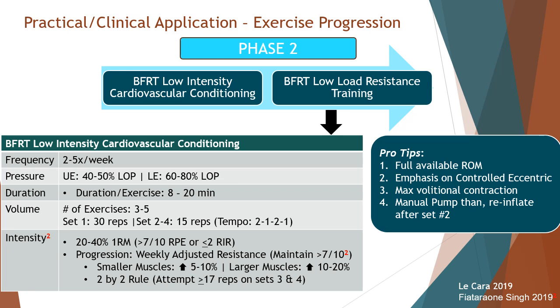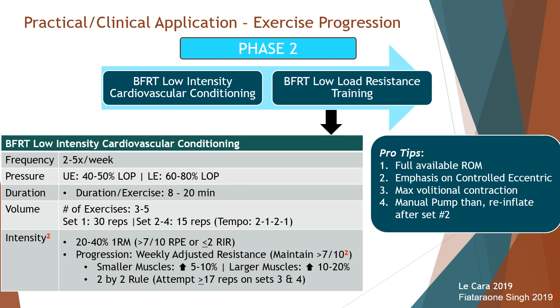But you can also go off rating of perceived exertion, right? So you want them working pretty hard. You want them rating their exertion around 7 out of 10 at the end of their third and fourth set. You want about less than 2 reps in reserve. You really want to try and bring them up to fatigue with each of the 4 sets.